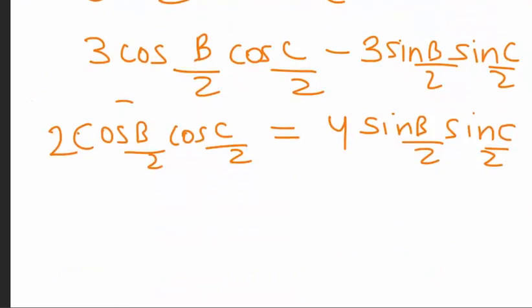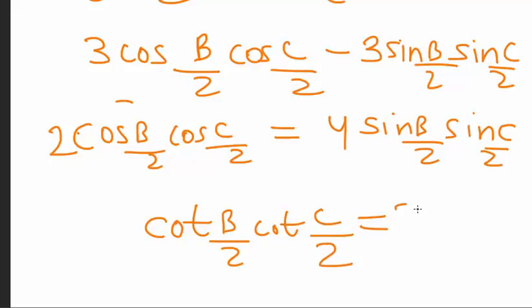Now let's divide both sides by sine b by 2 sine c by 2. If I do that, I'll get cotangent of b by 2 times cotangent of c by 2 is equal to 2.